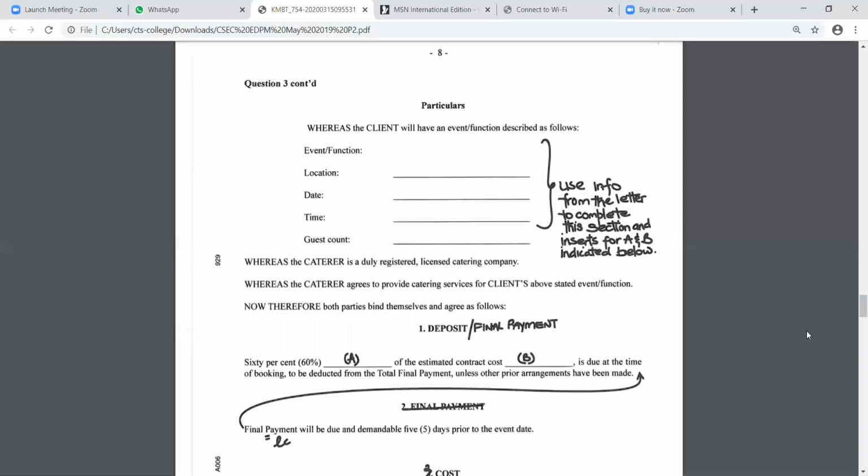Anybody? Go back up to question 2, where the letter is, question 2A. We'll get the information from there.